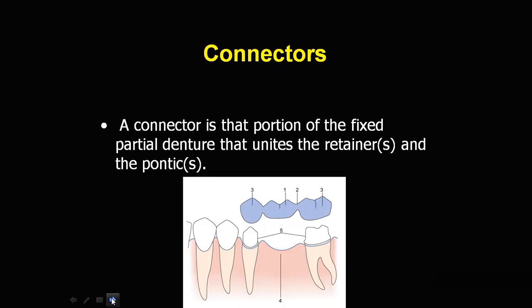So let us now step into the topic for today's session: connectors in FPDs. A connector can be defined as that portion of the fixed partial denture that unites the retainer and the pontic.